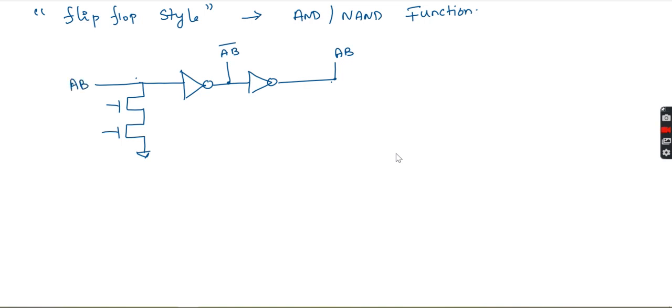The input of this gate is AB. This input is AB bar. Output only will drive this AB bar.